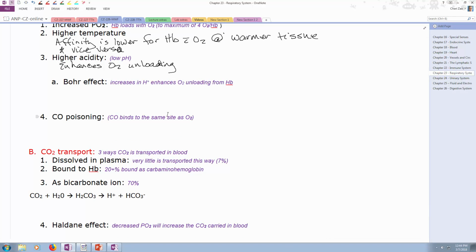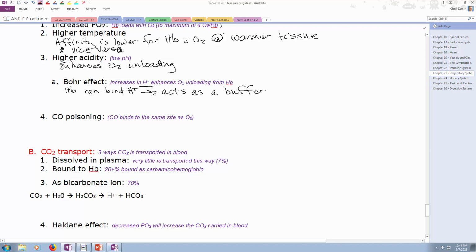Here's another person's name you have to memorize, Bohr. So he noted that when you have a lot of protons around, this enhances the oxygen unloading from hemoglobin, because hemoglobin can bind protons. And this is good because it acts as a buffer.